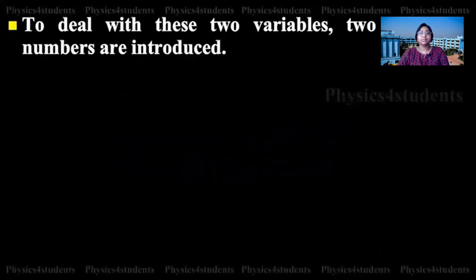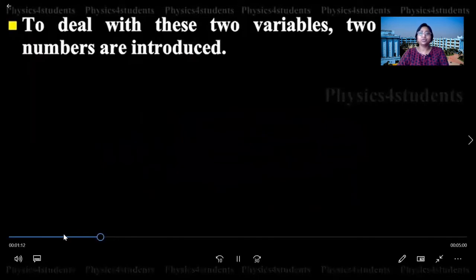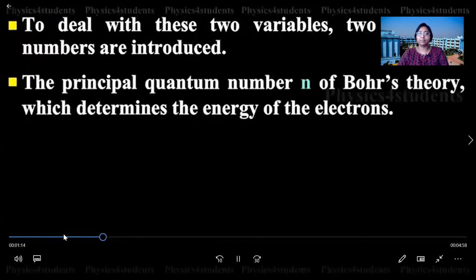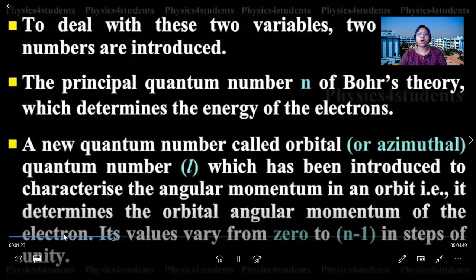Now you will learn some important equations. To deal with these two variables, two quantum numbers are introduced. First, the principal quantum number n of Bohr's theory, which determines the energy of electrons. A new quantum number called the orbital or azimuthal quantum number l has been introduced to characterize the angular momentum in an orbit.